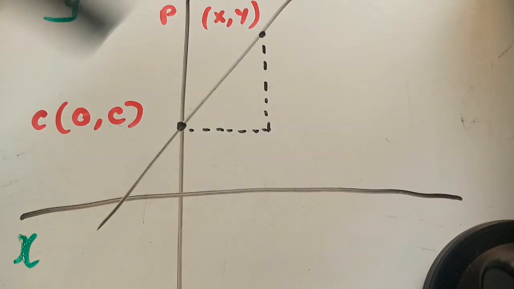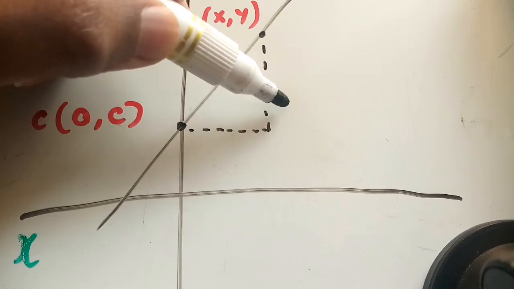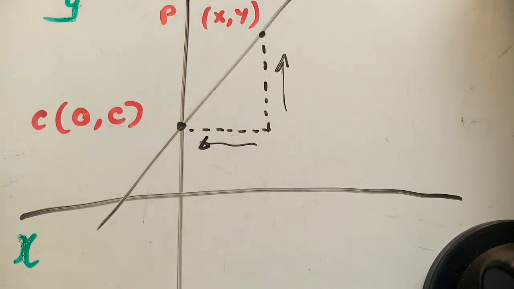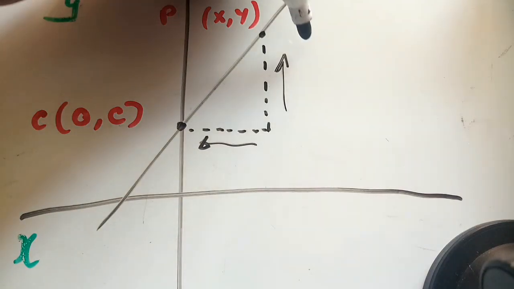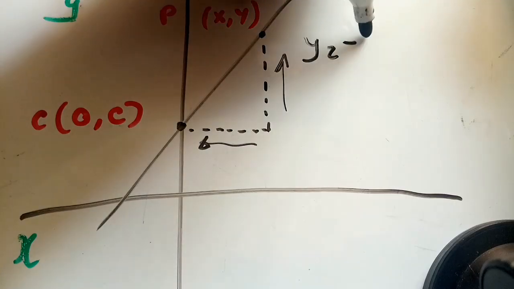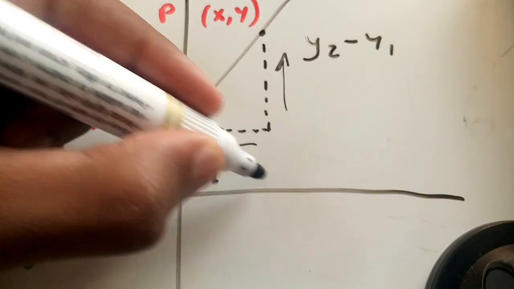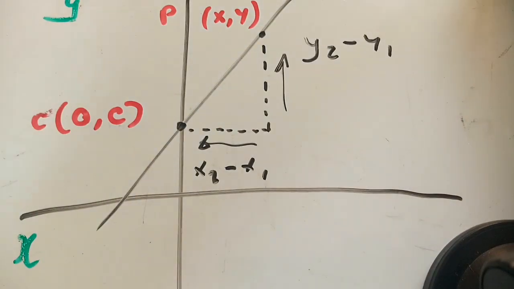Now, we have this line, so we can find the gradient of this line. Remember, in the previous video, we said the gradient is the vertical rise over the horizontal distance, which is y2 minus y1 over x2 minus x1, changing y over changing x.